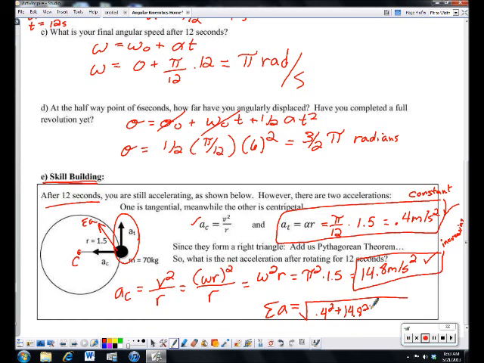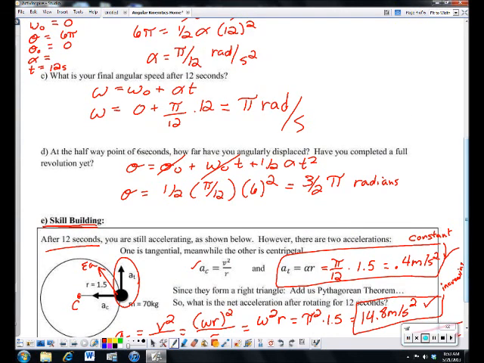Let me make sure I did that right. Oh, I put times in there. That would be the mistake. 0.4 squared plus 14.8 squared, then square root the answer. And guess what? It's still 14.8. So sometimes we'll ignore the other component.